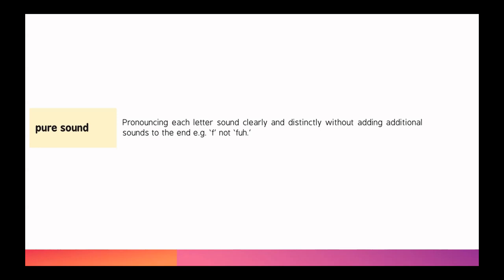So it's important for those particular two sounds that you're careful that you're using the purest sound when you are teaching them. And again, you have the one on the screen, which is f. Okay, so you have "fuh, fuh, fuh." When you say "fuh," again, you have added the "uh" sound to that, which is not the sound in its purest form. The sound in its purest form is f.